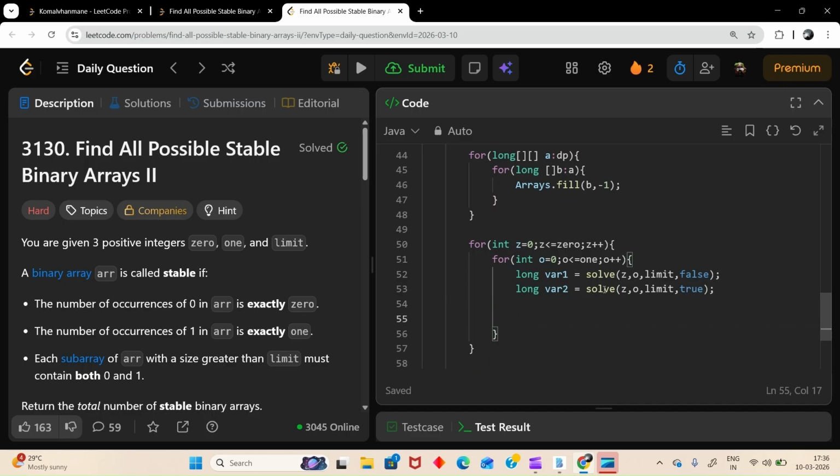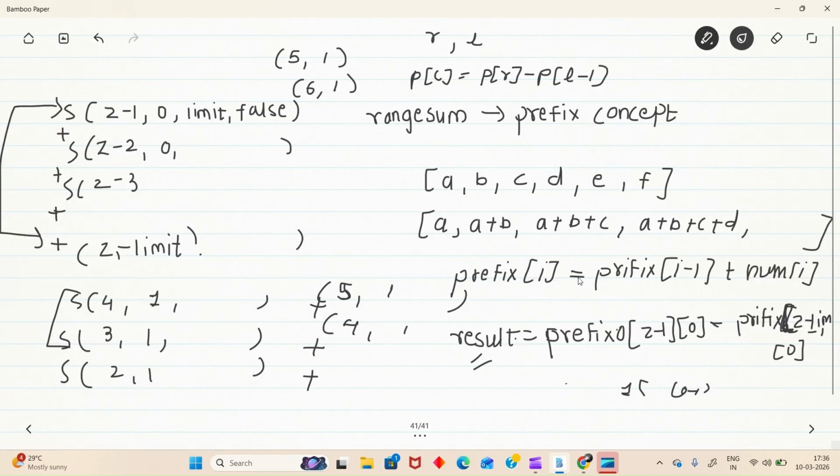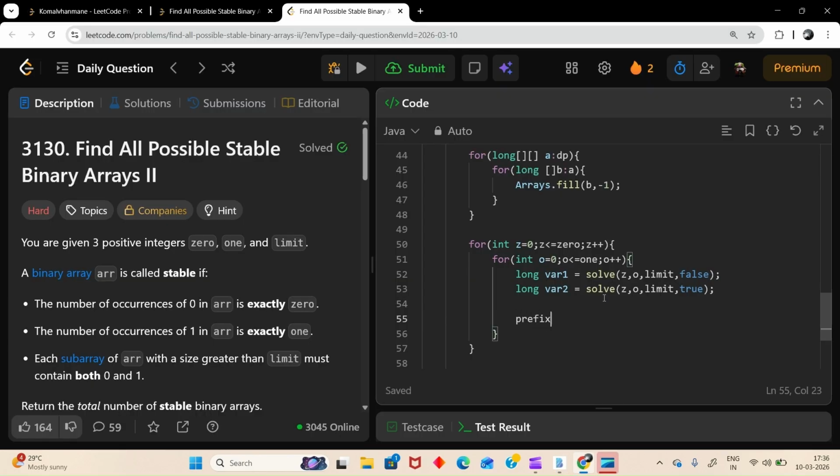Now how we calculate prefix is, as I explained, with this formula, i minus 1. So we will check prefix 0 of z and o: if my z is greater than 0, then prefix of 0 of z minus 1 of o, else 0, plus var 1.